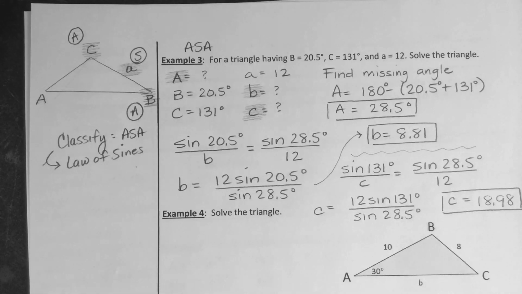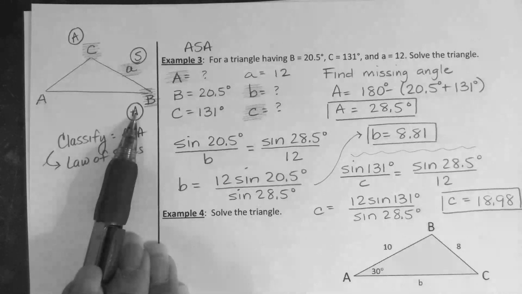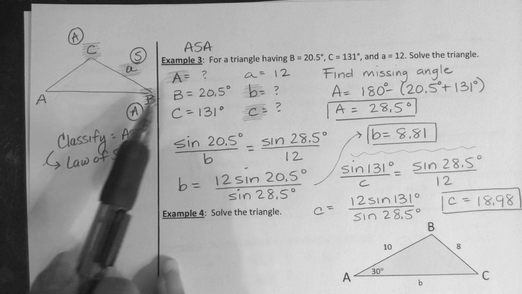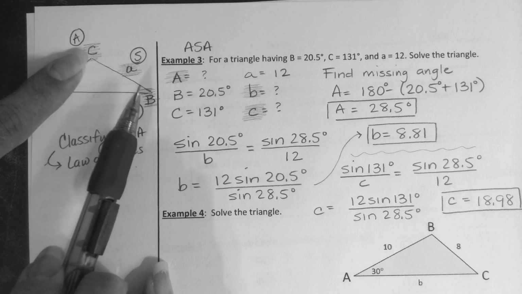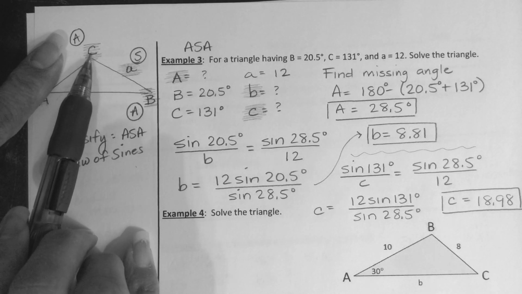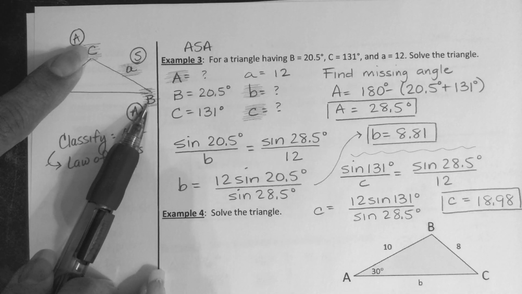So I want you to notice the difference between angle side angle and angle angle side. Notice that your angles are right here, and your side length that was given is trapped in between the 2 angles. See the shading, angle, angle, and the side length is trapped in between these 2 letters that are capital.